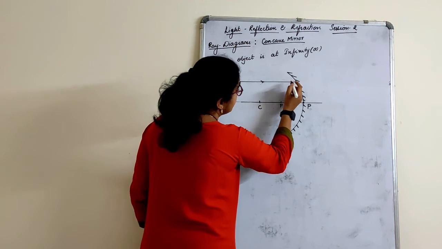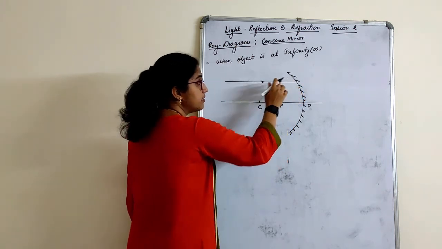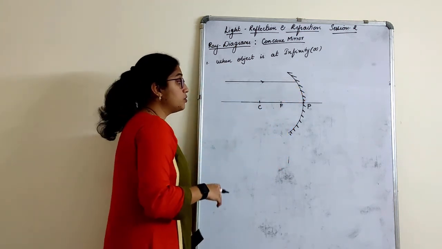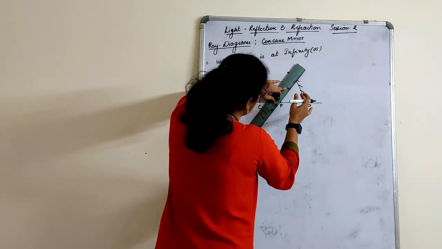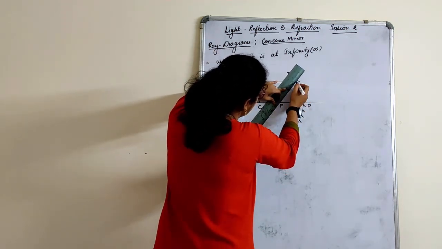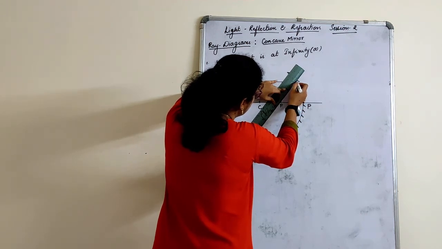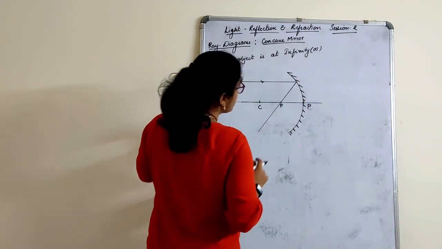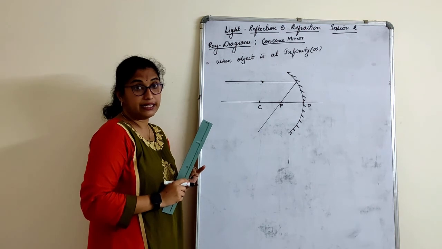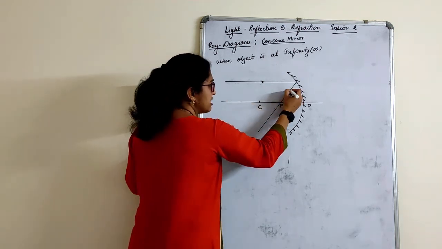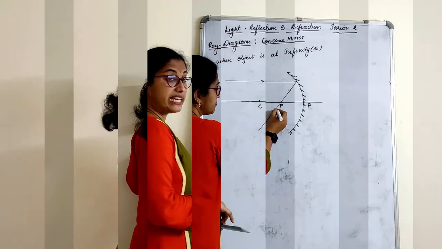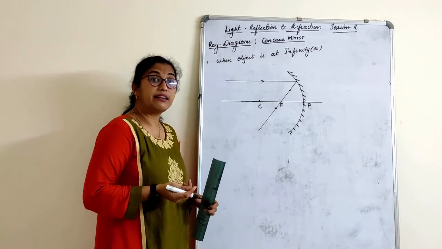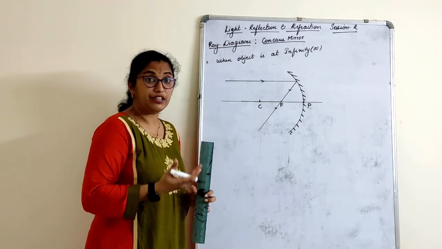So the minute it reaches the mirror, what's rule number 1? Rule number 1 is it passes through the focus. So through the focus, you can draw another line. Okay, arrow marks. As soon as you draw, don't forget the arrow marks. Now the second ray we have to draw. The second ray also has to come from infinity only.